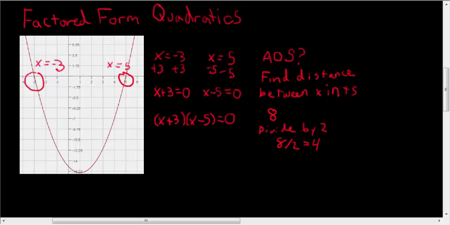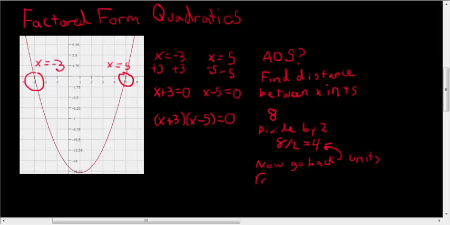And you can go from the left x-intercept or the right x-intercept. I like to think of it as subtraction. So every time I do these, I look at it and I say, okay, my right x-intercept is 5. So I need to go back 4 units from 5 to get to my axis of symmetry. So when I do that, I go back to 4, 3, 2, 1.